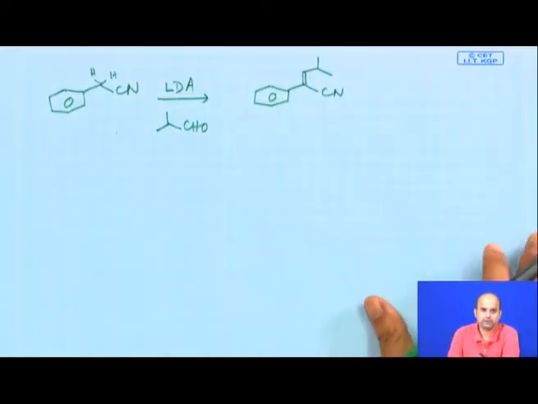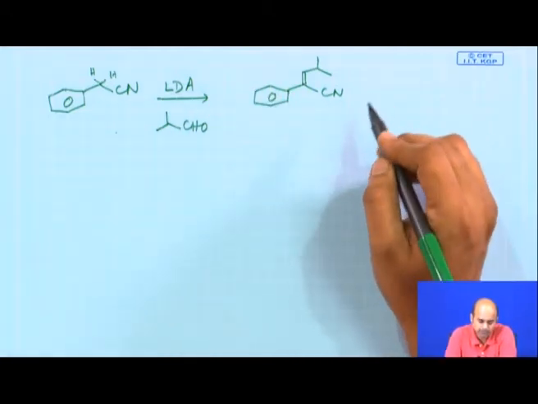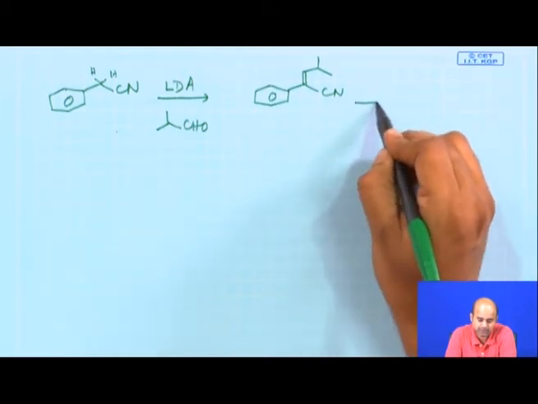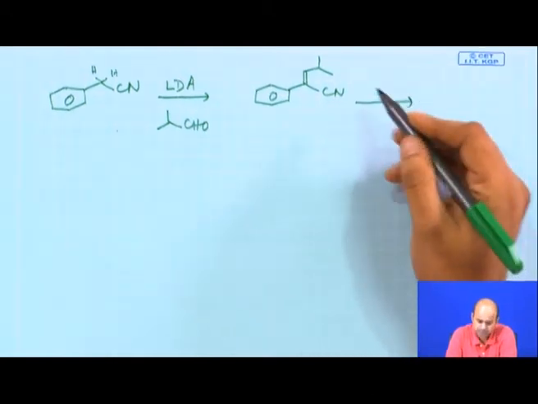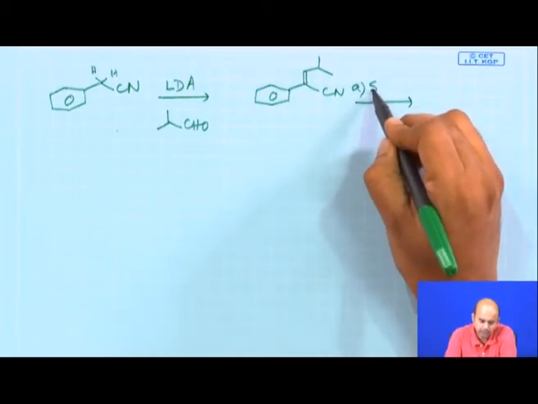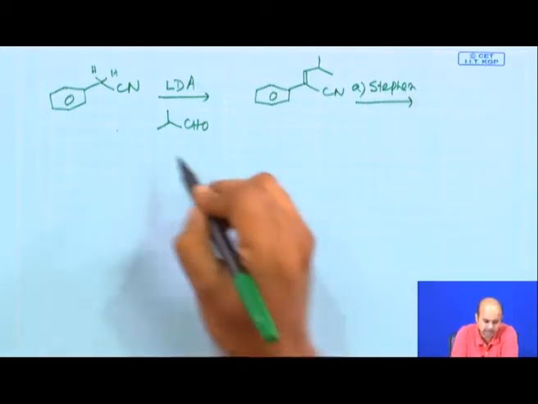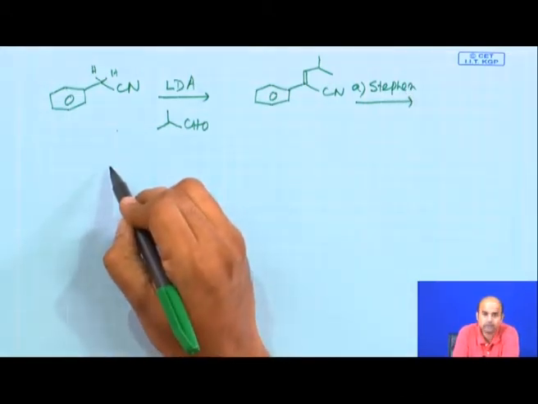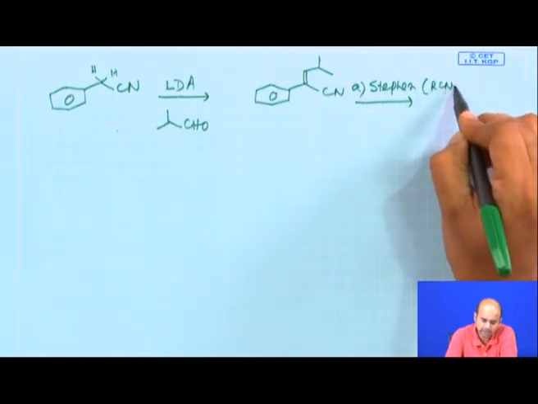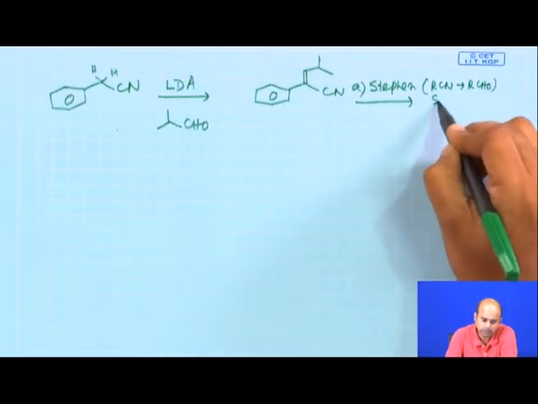So, obvious. But now, go back to the retro: you will find this cyanide now needs to be converted to the corresponding aldehyde. You can do two different kinds of transformations. Probably you know Stephen's reaction. Stephen reaction is a very simple reaction in which you can convert a cyano to an aldehyde, RCN to RCHO, by SnCl2.